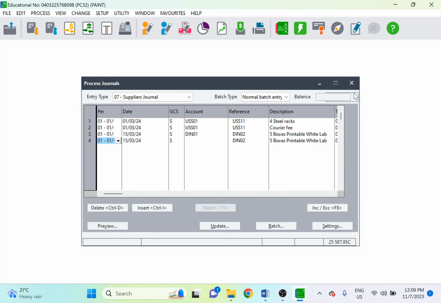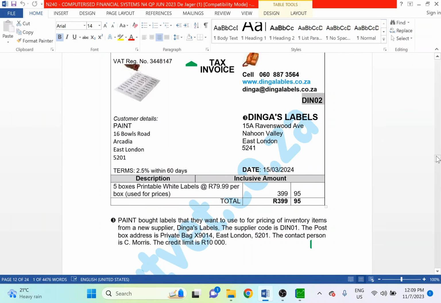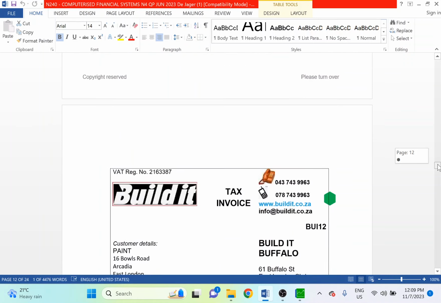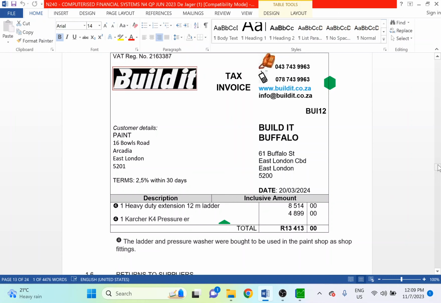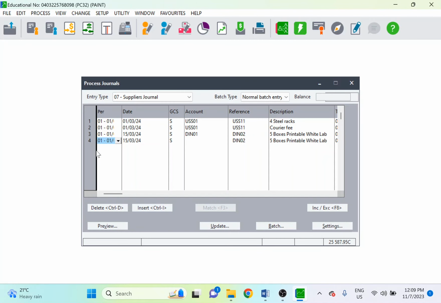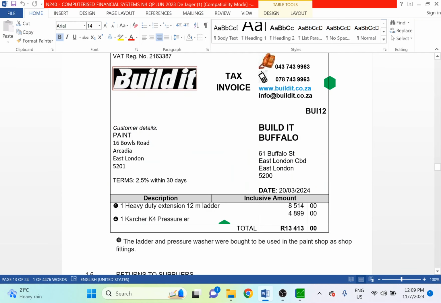Then we go to the third non-stock invoice. The third non-stock invoice. Non-stock invoice, we have build it. Under date it's 01. Under period it's 01. Under date is the 20th.